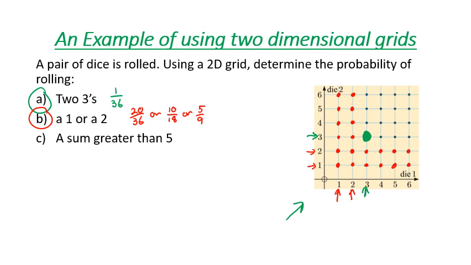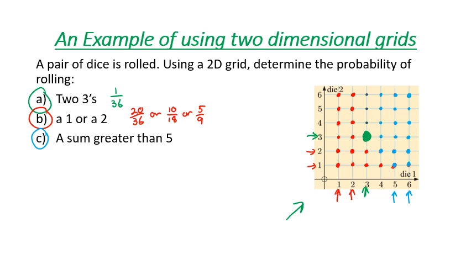For our last question, it says the sum of the two dice is greater than 5. We now need to identify which ones would be greater than 5. Well, everything along here would be greater than 5. Everything along here would be greater than 5. If we roll a 4 on dice 1, we need to roll a 2 on dice 2 or above.